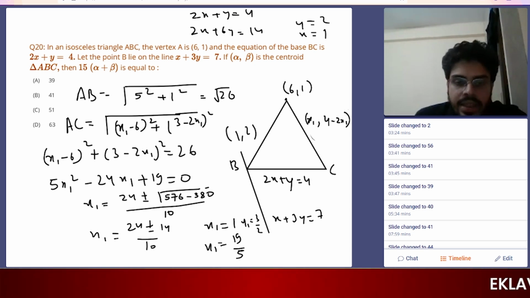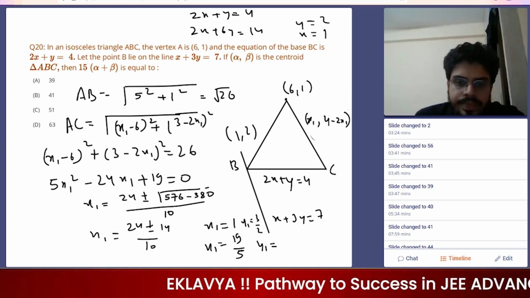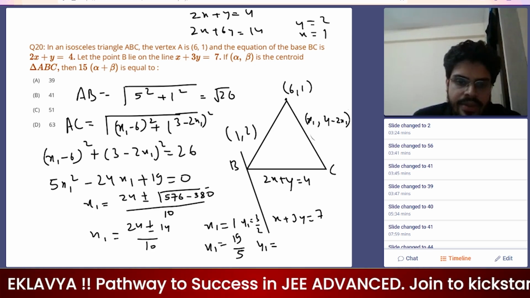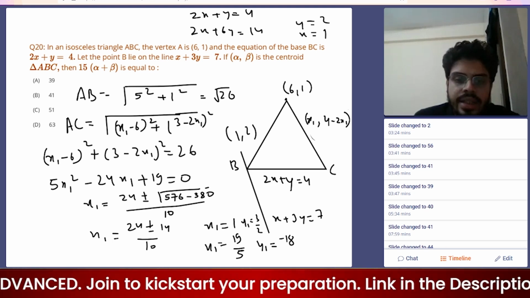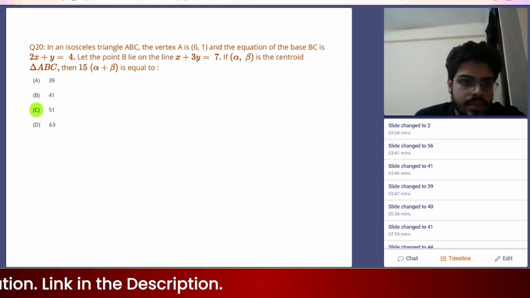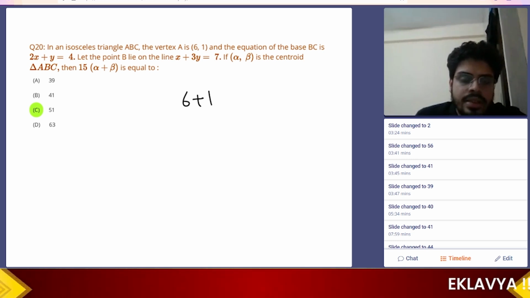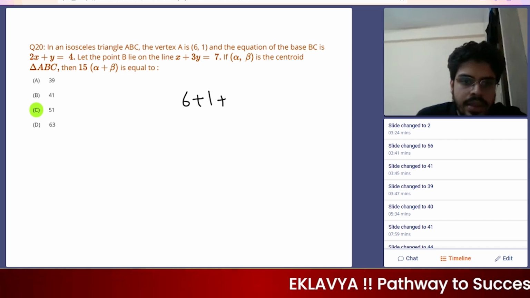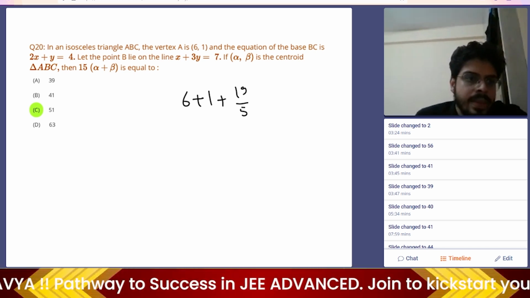And if x1 is equal to 19 by 5, then y1 will be equal to 4 minus 38 by 5, that is 4 minus 18 by 5. So I'll get the centroid. Centroid I'll get summation 6 plus 1 plus 19 by 5, and comma.